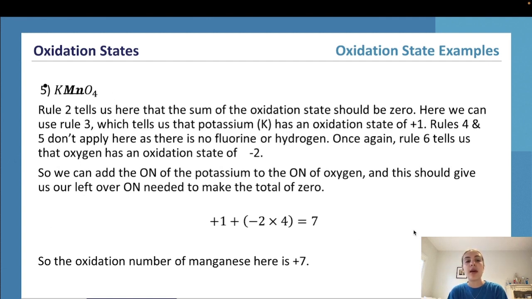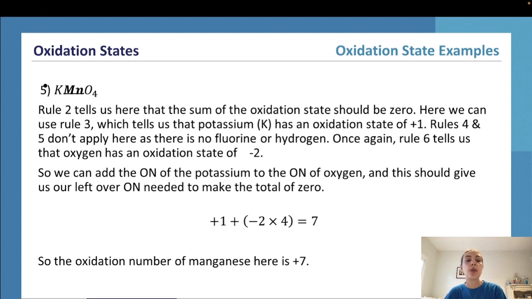Our next example is looking at KMnO4, so that's potassium manganate. And so rule 2 tells us that the sum of the oxidation states should be 0, and again that's because potassium manganate does not have a charge, and so overall its oxidation state will be 0.